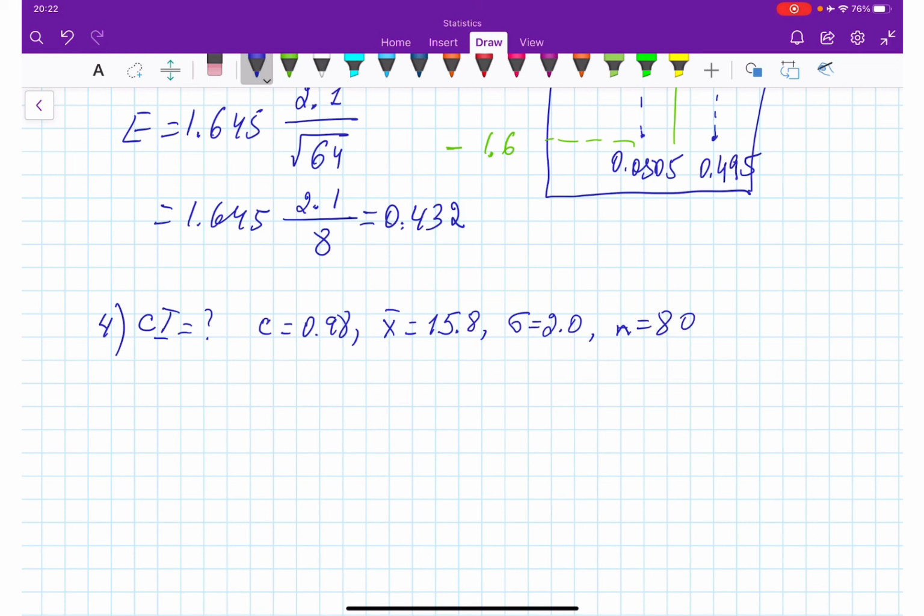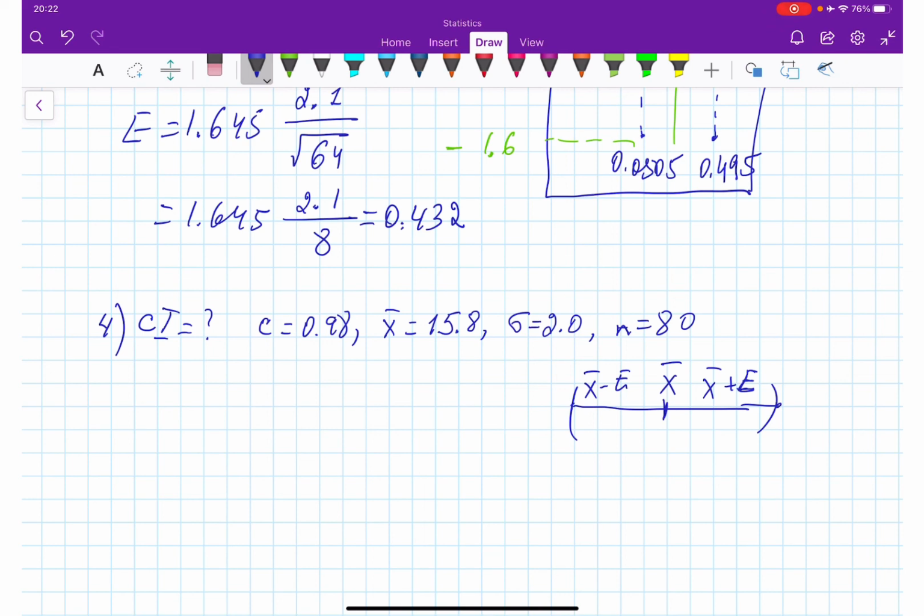Okay, so real quick, confidence interval is equal X bar minus error and X bar plus error, and that's what's going to be our confidence interval, these 2 points.